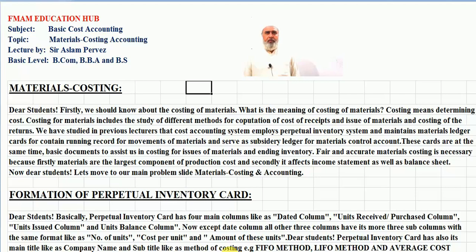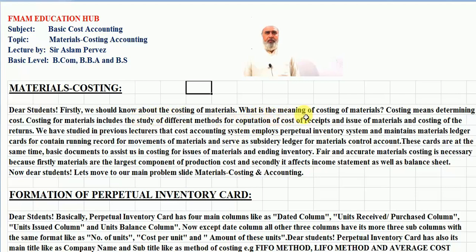Friends, in this slide, all the terms which belong to this problem are shown here. Material costing: dear students, firstly we should know about the costing of materials.